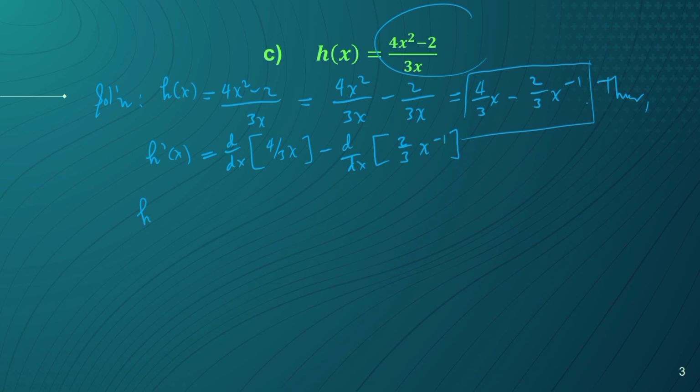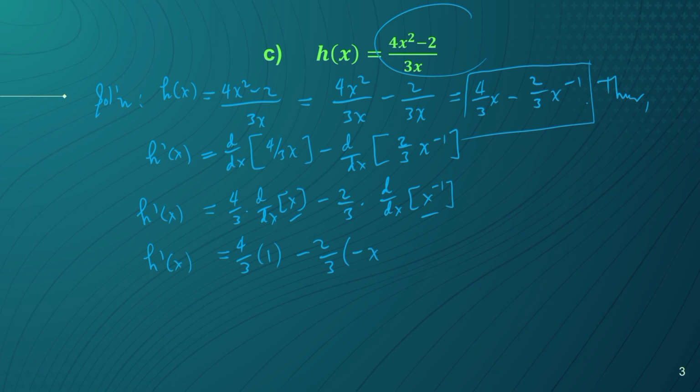So now our h prime of x is equal to, factor out constant 4/3 first, times d over dx of identity function x, minus, factor out 2/3 first, times d over dx of x raised to -1. So our h prime of x is equal to 4/3 times the derivative of the identity function, that's 1, minus 2/3 times, applying the power rule, negative x raised to -2, right?